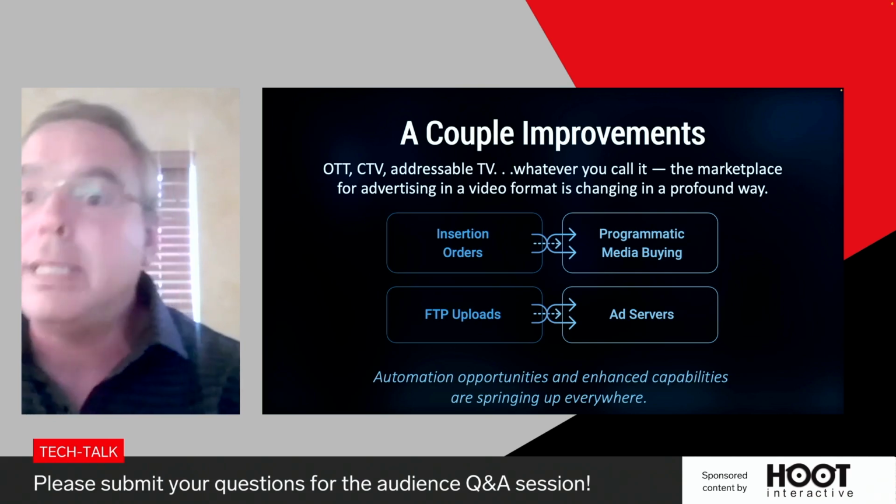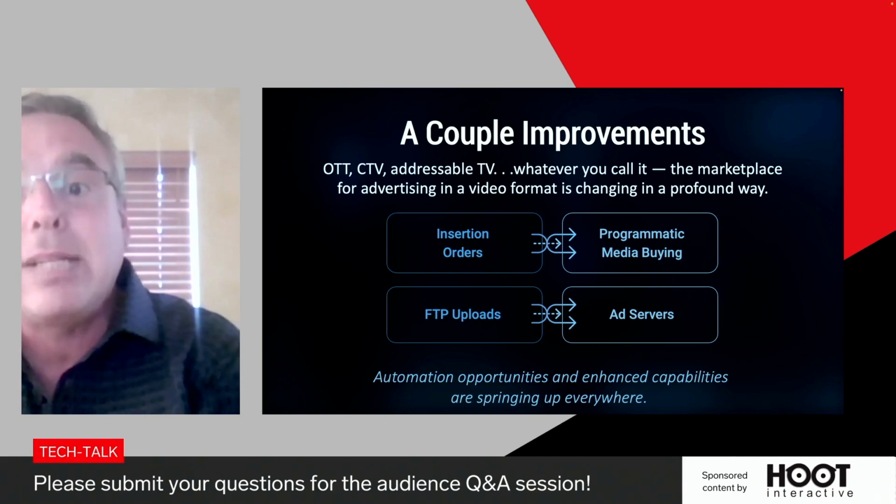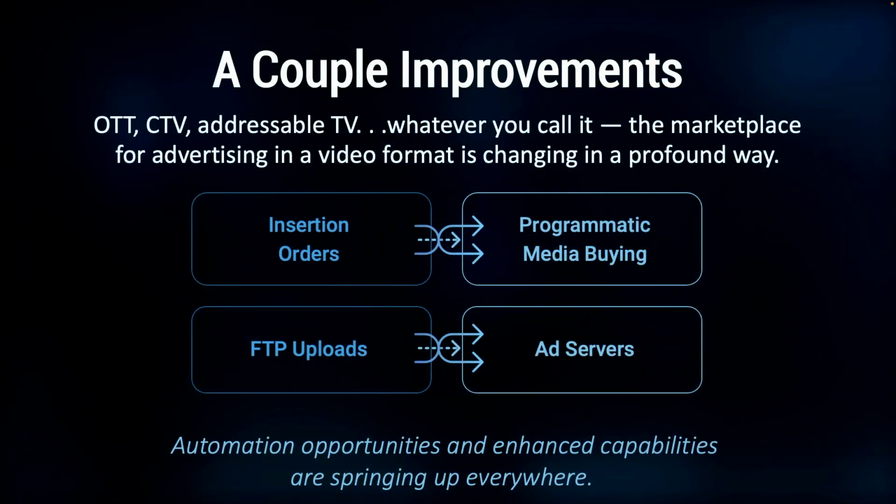And now in OTT, we're heading into the world of ad servers. And with the ad server, now the creative, that video file, can make that entire journey from the advertiser to the viewer's screen in a fraction of a second, because that is occurring at the time the ad is going to be served and viewed by consumers. So an exponential improvement in the amount of speed that we have of getting our video creative out there, and again, a lot more control.